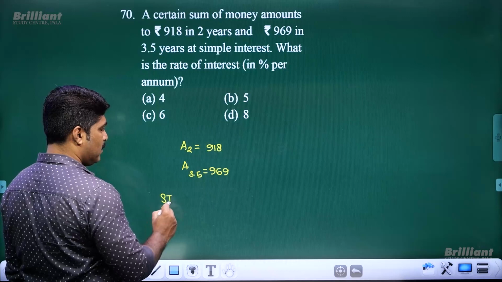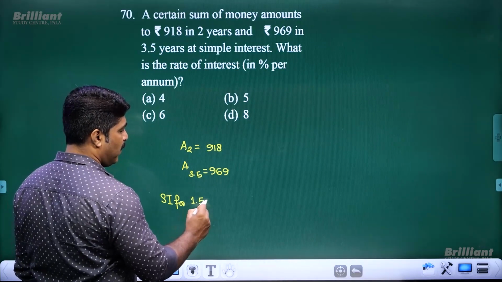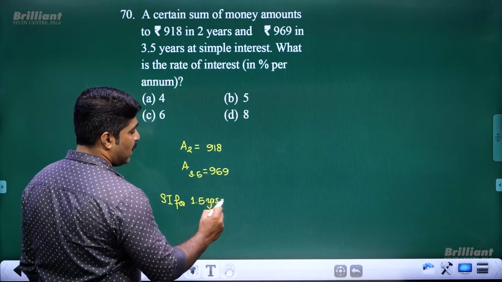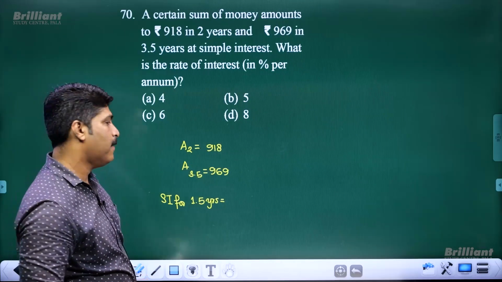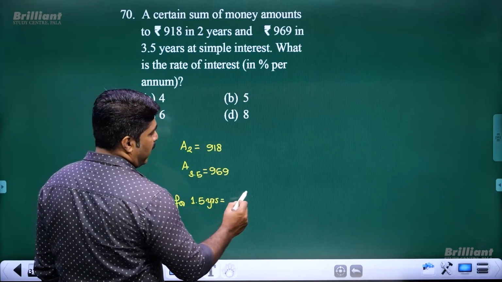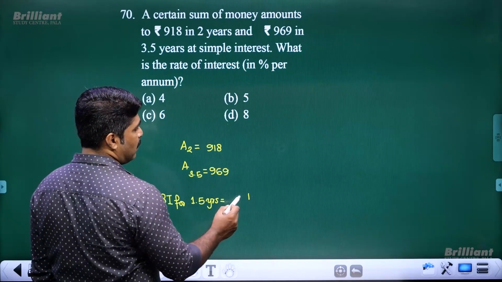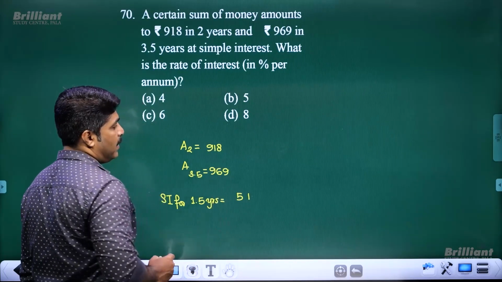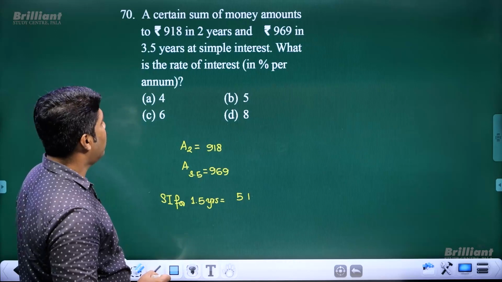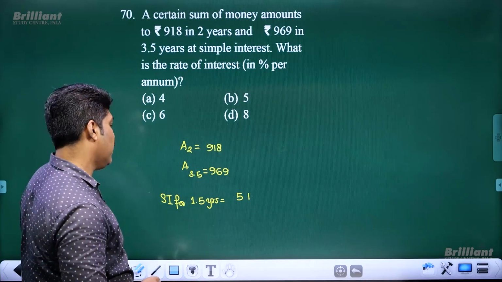That is simple interest for 1.5 years. So that's the difference between these two values. What is the difference between these two values? 969 minus 918, that's equal to 51.